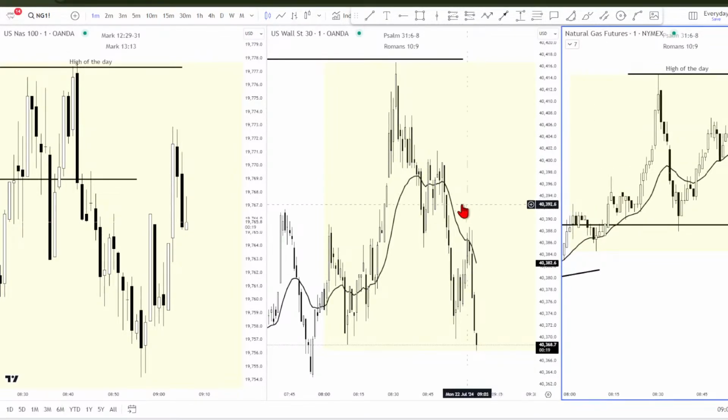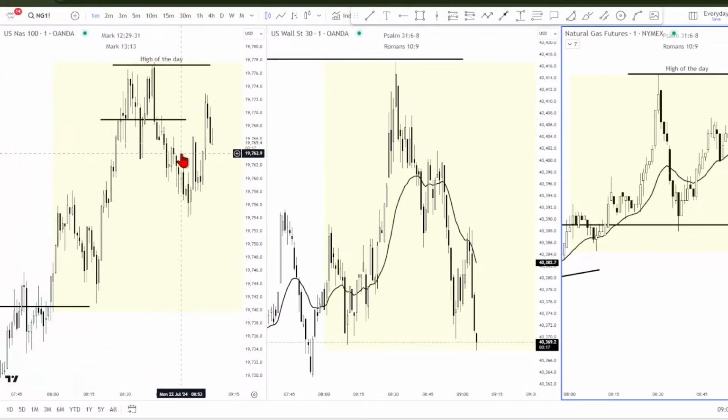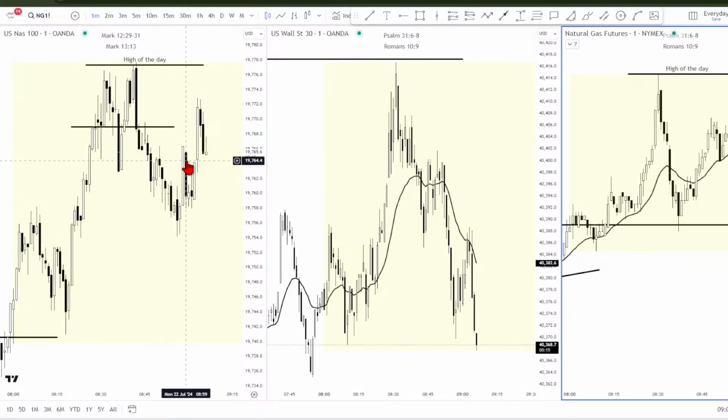Looking at natural gas. I really like the template for natural gas.